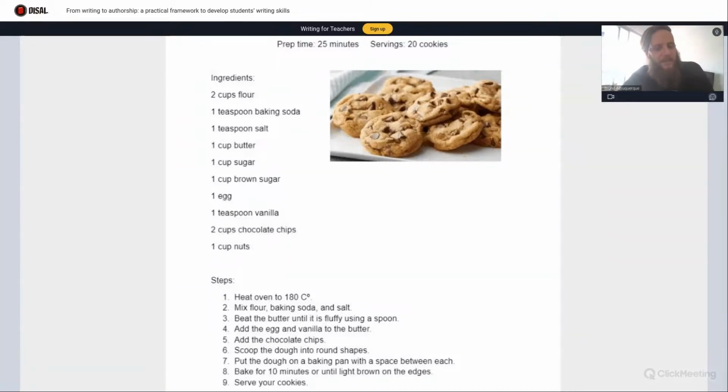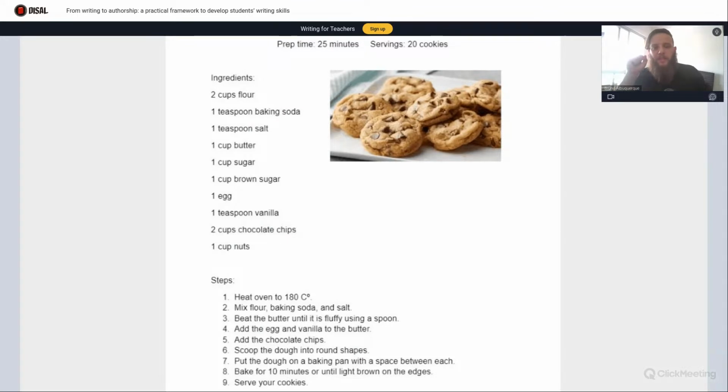And they all replied, "It's a recipe." And I was like, "Okay, but how do you know that this is a recipe?" Just by looking at it and not even reading, because from the distance I was showing the page, they could not read it. And then they started mentioning some of the elements of the genre, some of the characteristics of the genre.